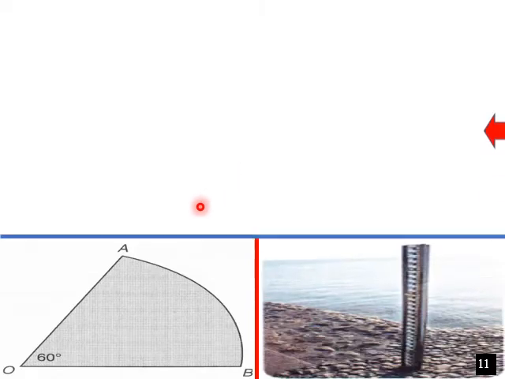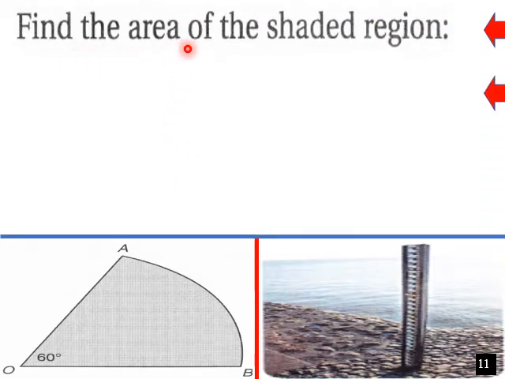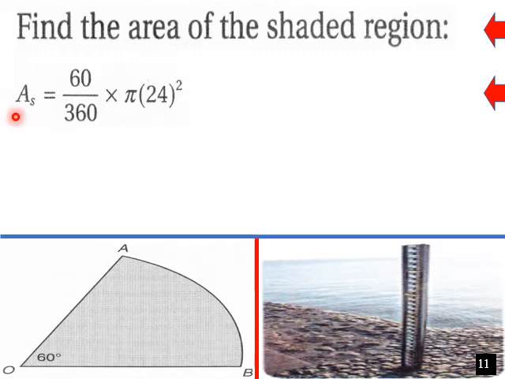Okay, now that we know that, find the area of the shaded region. The area of S, this sector here, equals 60 over 360 times pi times 24 squared, since 24 is our radius.